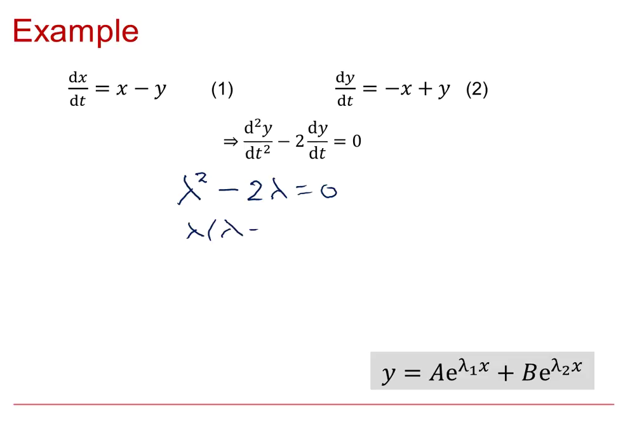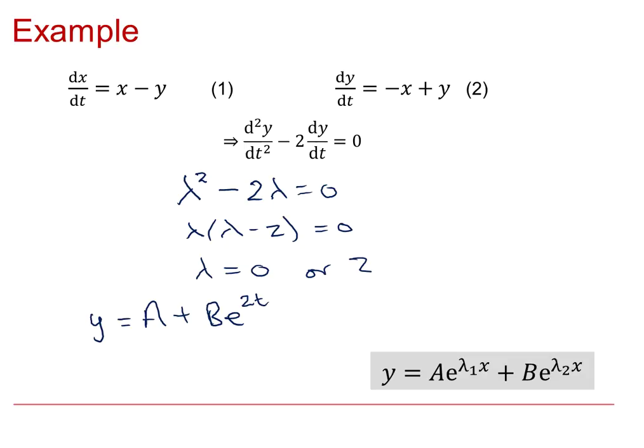Factorising gives us lambda equals 0 or 2, and thus the general solution that y = a e^0, being 1, plus b e^(2t), noticing that the independent variable in this case is t.